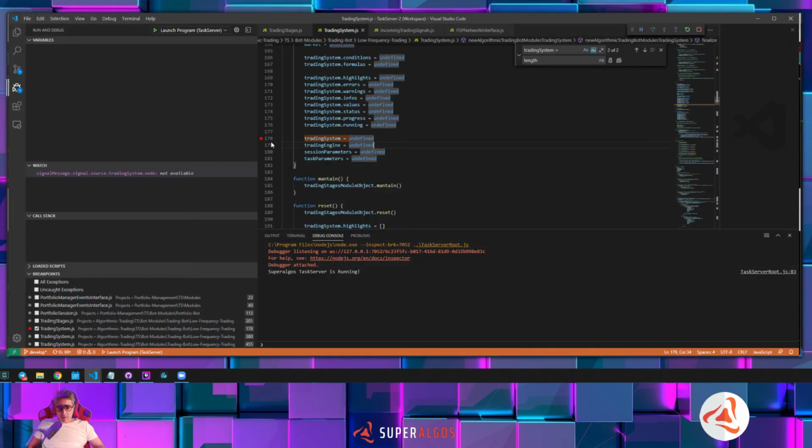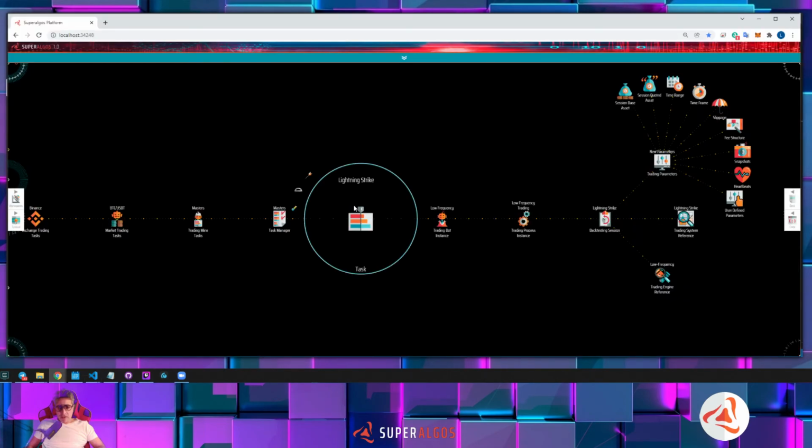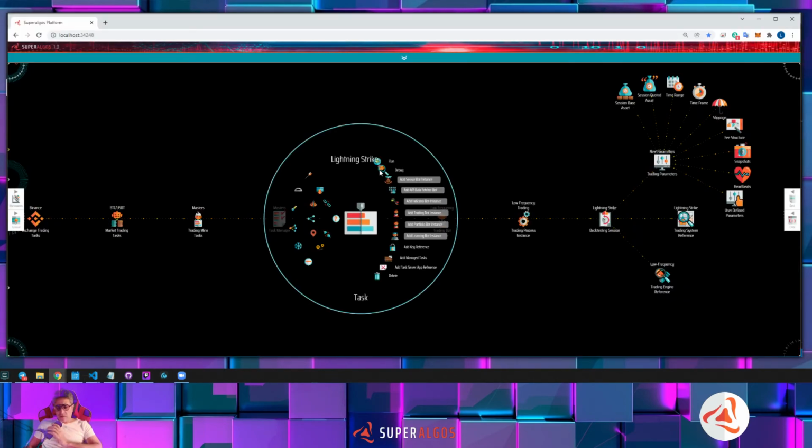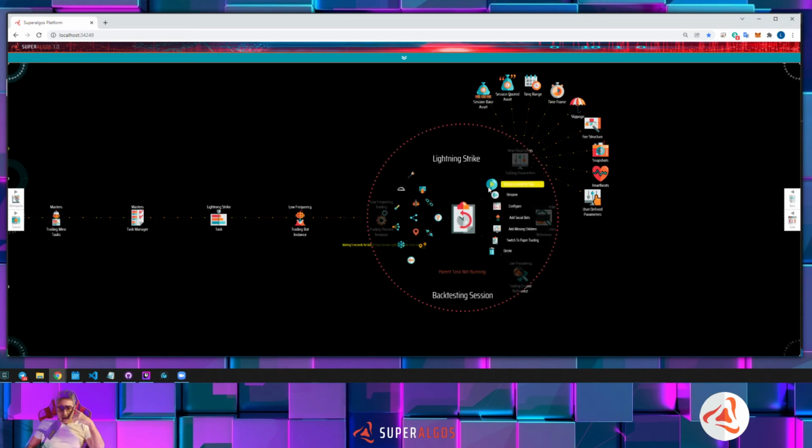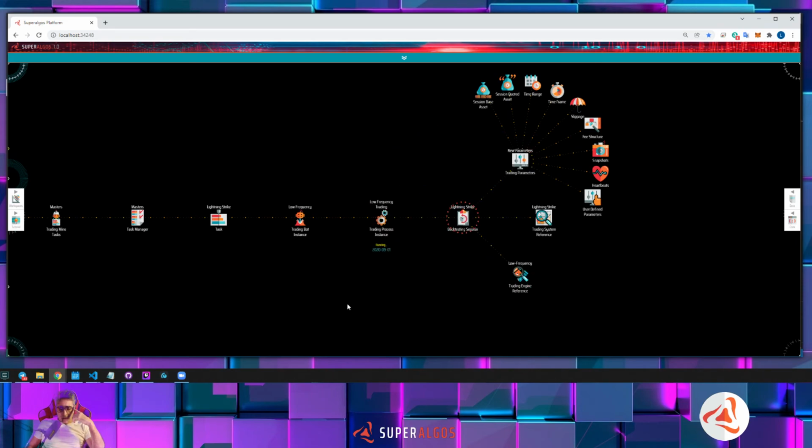And we have a breakpoint here where we put the trading system in an undefined state. From there we will see what happens. Okay, debug. And run. Well, it's quite slow.